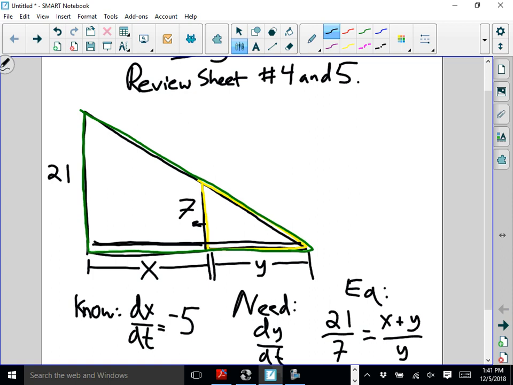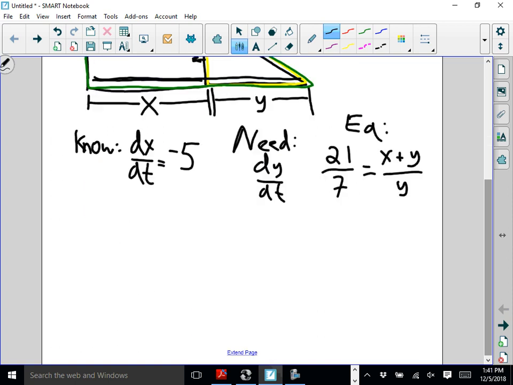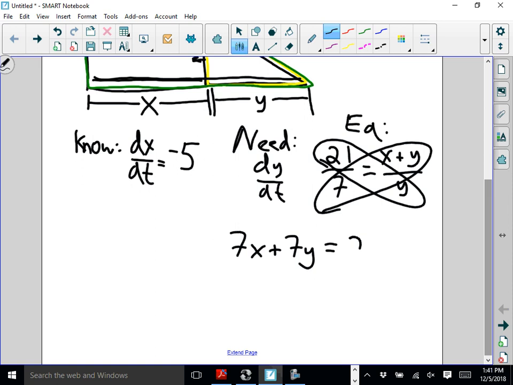When you cross multiply here, we get 7x plus 7y equals 21y. Now one more step to just make it that much easier. I have like terms here, so I'm just going to subtract 7y from both sides. So I get 7x equals 14y.